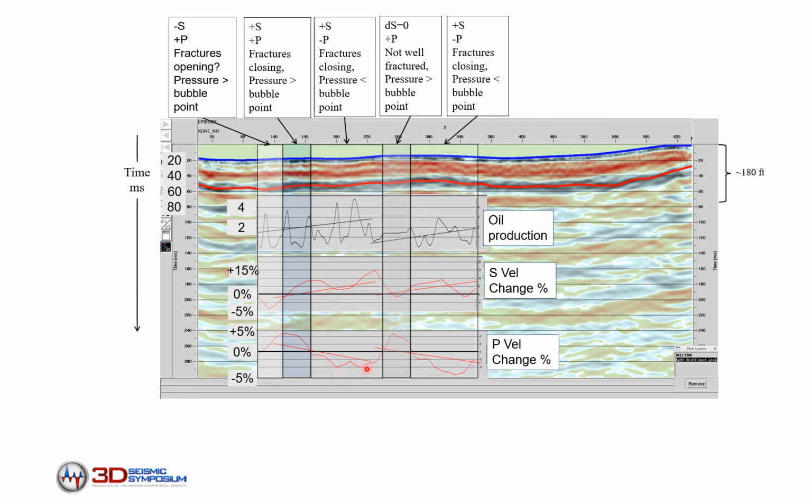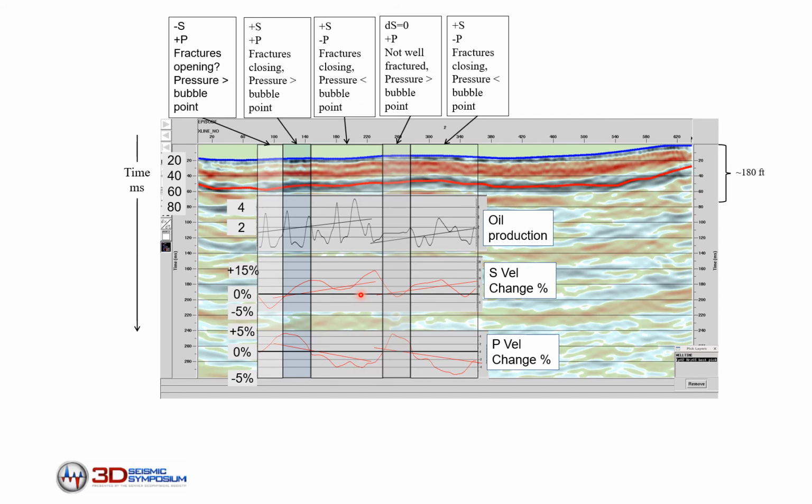Our P wave velocity has decreased from the baseline survey. The shear wave velocity going up indicates that the fractures are closing. Shear waves are quite sensitive to the fractures. At the same time, again, the compressional wave velocity has decreased from the baseline.